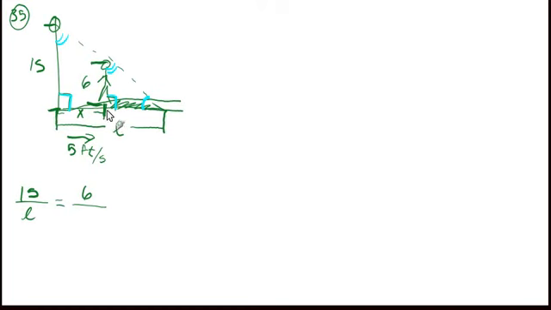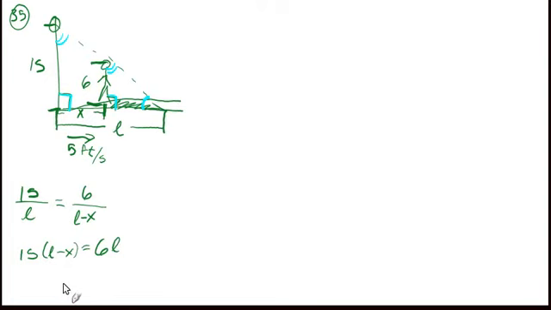This base doesn't really have a name, but I can give it a name. How about if I take L and subtract X, it'd be L minus X. Okay, what do I want to know about? I want to know how fast L is changing. So let's cross multiply, get rid of these denominators. We'll have 15 times L minus X is equal to 6L.